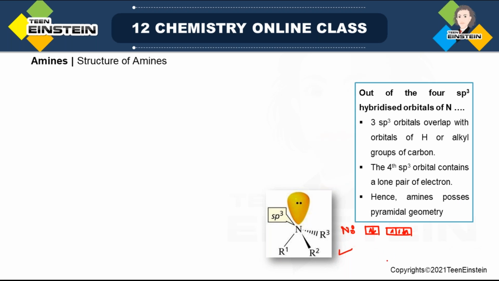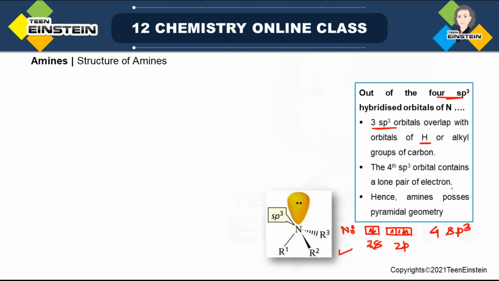Now 2s2 2p3, if we consider sp3 hybridization, total number of electrons is 5. Now after hybridization, there will be total 4 sp3 orbitals. In these 4 sp3, 5 electrons will be present. Now out of these 4 sp3 hybridized orbitals of nitrogen, only 3 sp3 orbitals will be used for bond formation with either hydrogen or alkyl group, or it may be aromatic ring also.